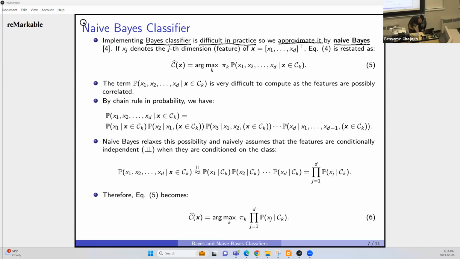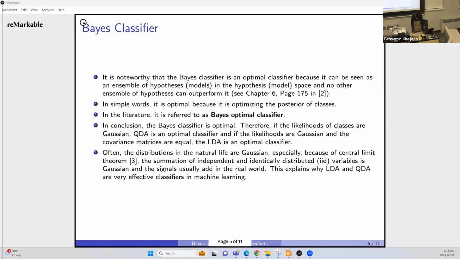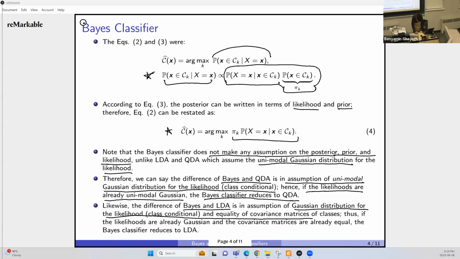If xj denotes the jth dimension of x, so x is a d-dimensional vector, x1 to xd, then equation 4 is restated to this. So what was equation 4? This was it: argmax of pi k, the prior of the kth class, times P of x given x belongs to Ck, right?